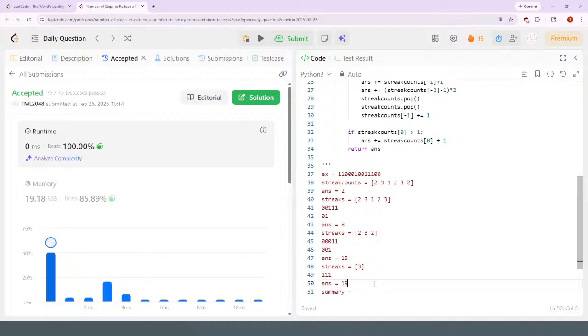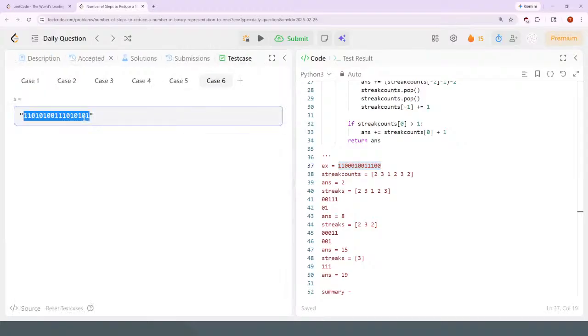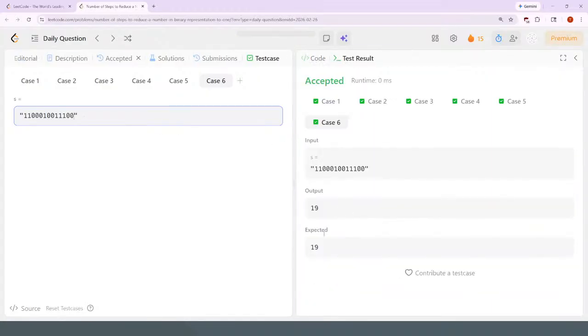So answer should equal 19. So just double checking that process. Test case. Yeah, answer is 19. Okay.